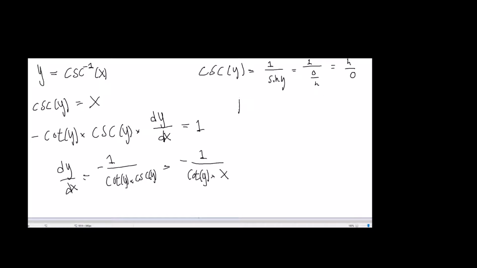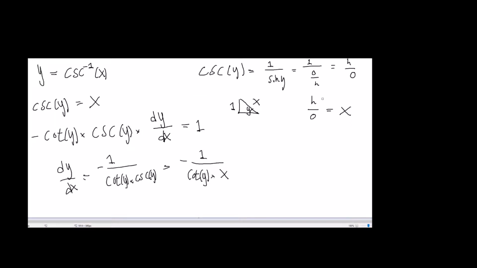And let's draw a triangle, and let's call this angle Y, and we know that the H over O was equal to X. So instead of calling this hypotenuse H, let's call it X, and let's call the opposite side length 1.